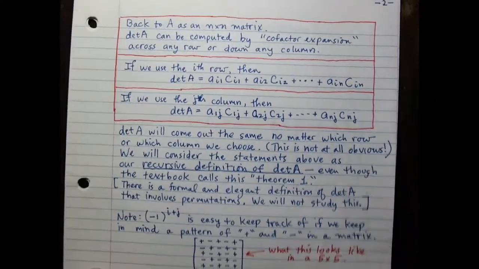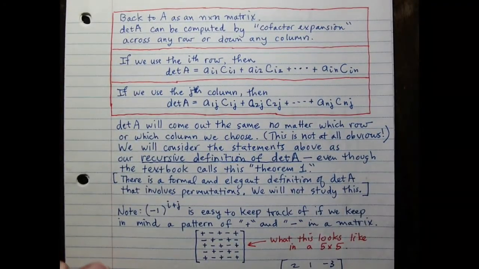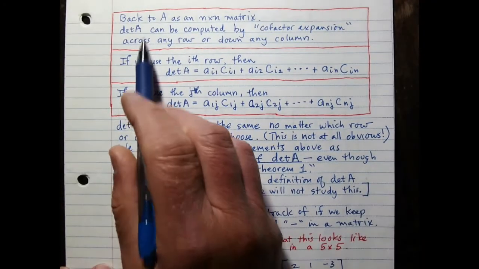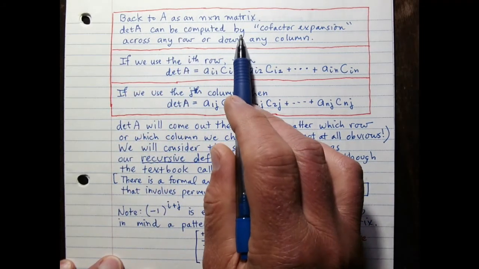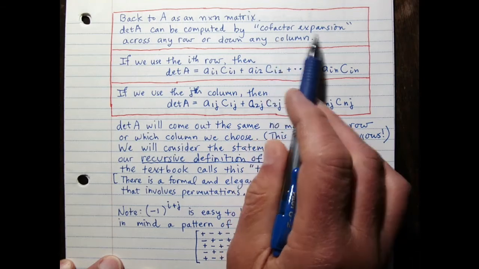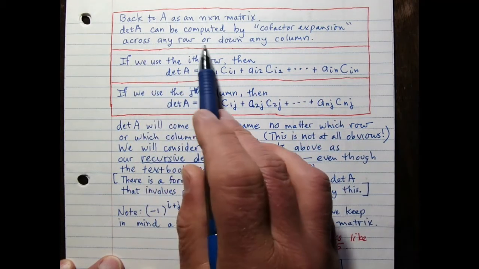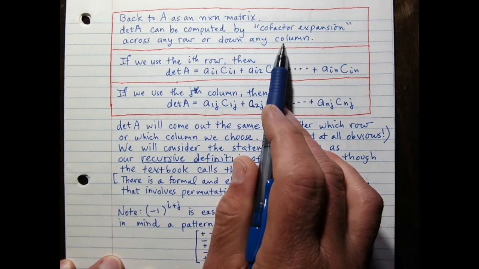Now we're going to go back to A as an n by n matrix. The determinant of an n by n matrix can be computed by what we're going to call cofactor expansion across any row or down any column.